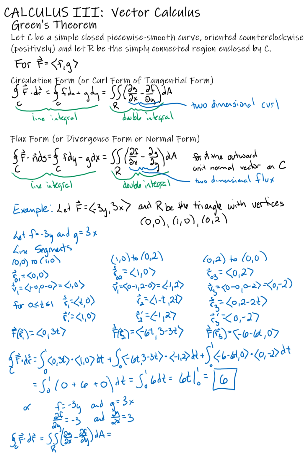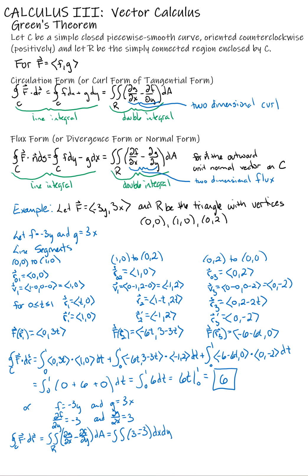So let's see, that is the integral. I know it's going to be 3 minus -3, and then we'll go ahead and integrate with respect to x and then with respect to y.